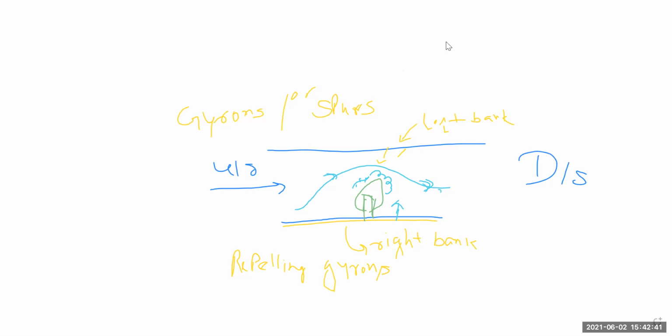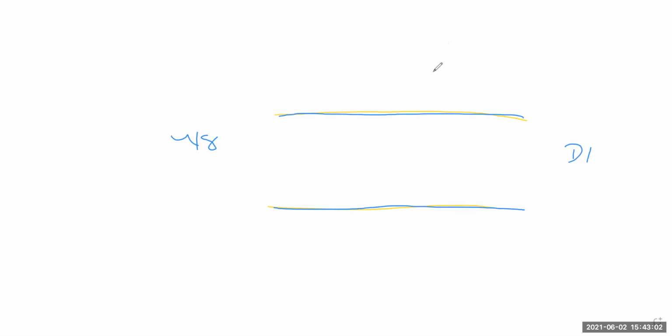See the figure. This is the river bed of the stream, downstream, left bank, right bank.